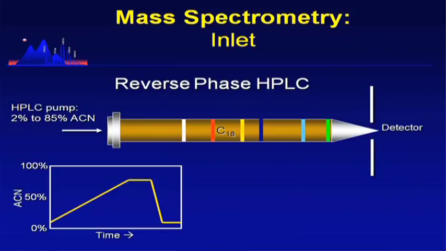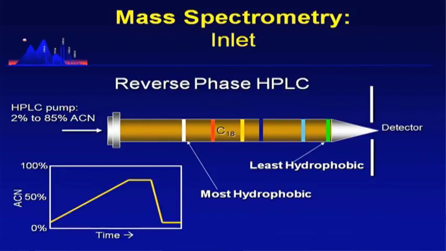The peptides that are not very hydrophobic won't take much organic solvent to displace them from the column, and so those elute first. And for the really sticky peptides, you need a lot of organic solvent to take up all those binding sites and kick them off. So those come out last.